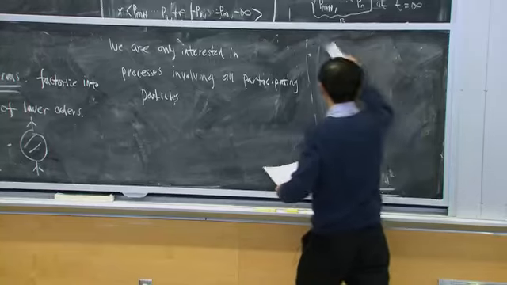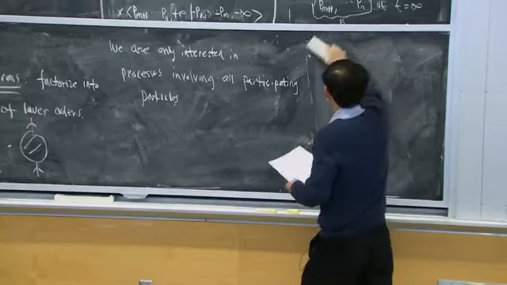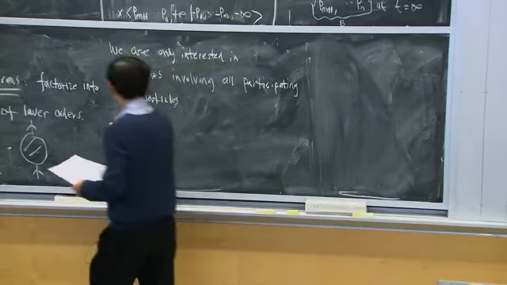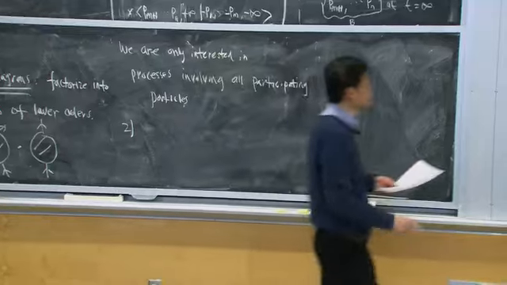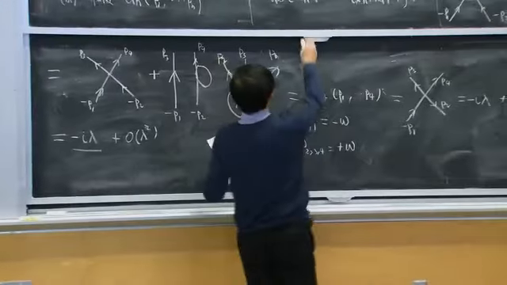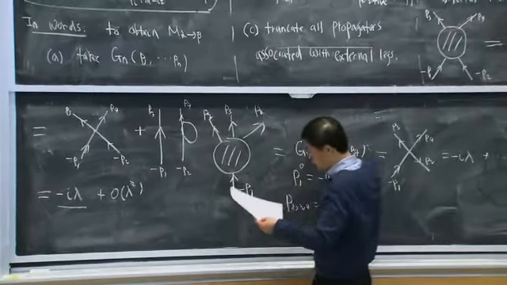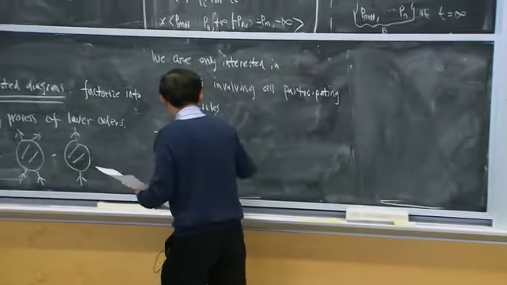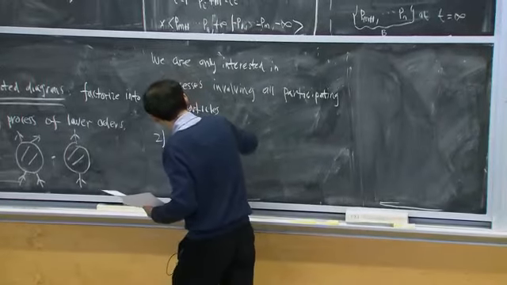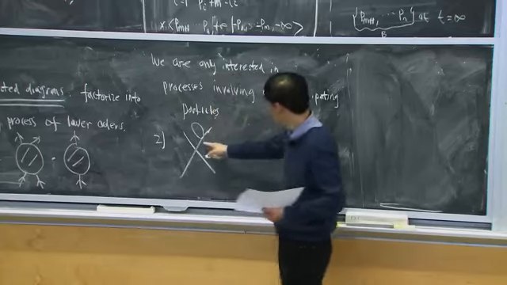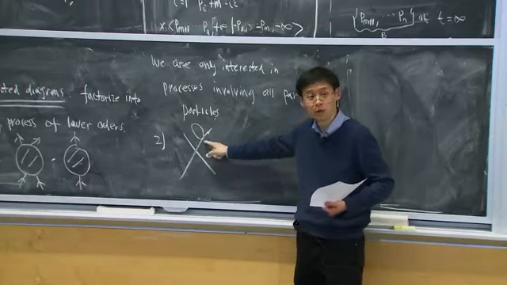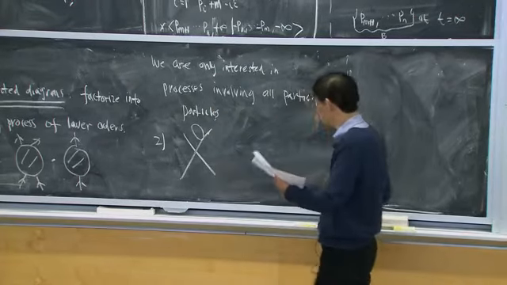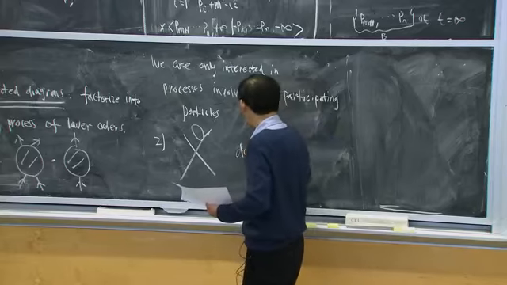So the second remark is that since we truncate all the external legs, all the external propagators, a diagram where you have a loop on one of the external propagators does not contribute.